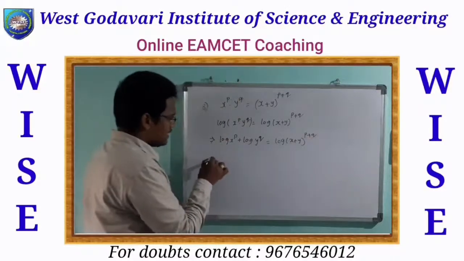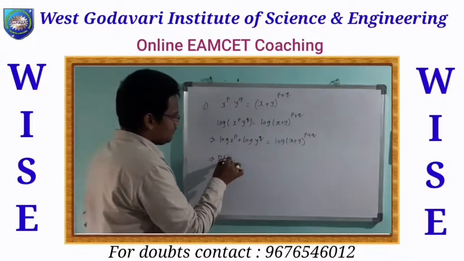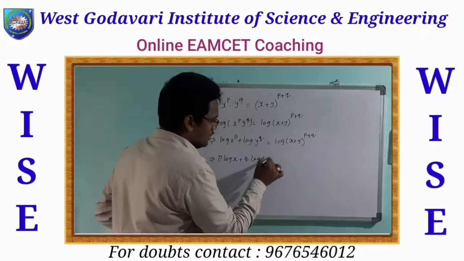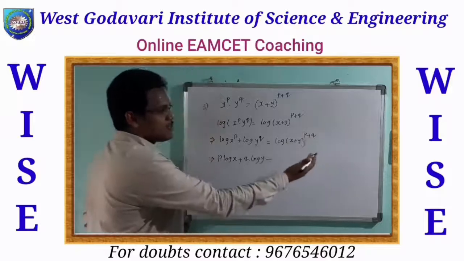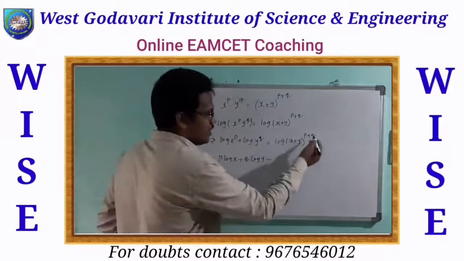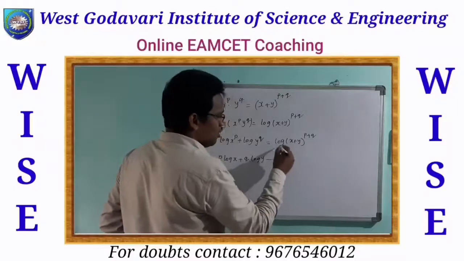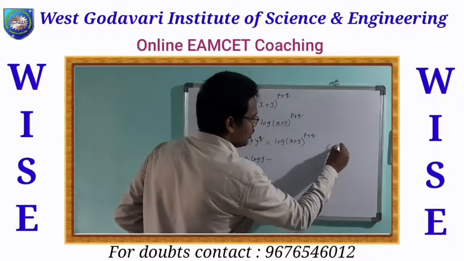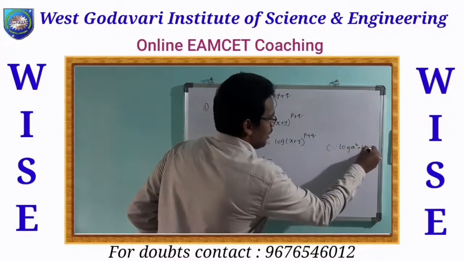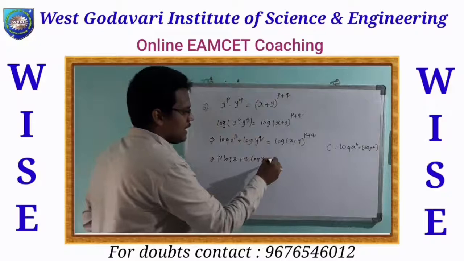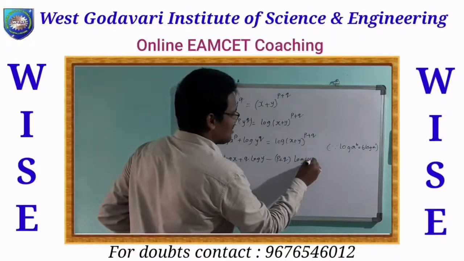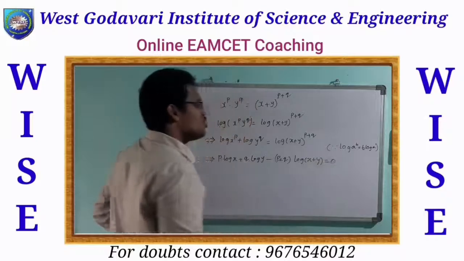So that implies p into log x plus q into log y minus, taking the right side to the left side, p plus q into log of (x plus y). This is the property of logarithms, log a power b is equal to b log a. By applying this property, p log x plus q log y minus (p plus q) log (x plus y) is equal to 0.